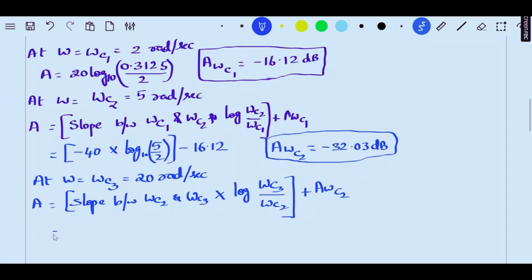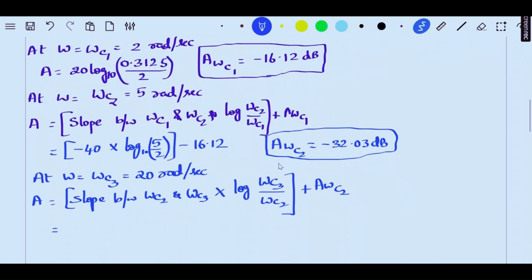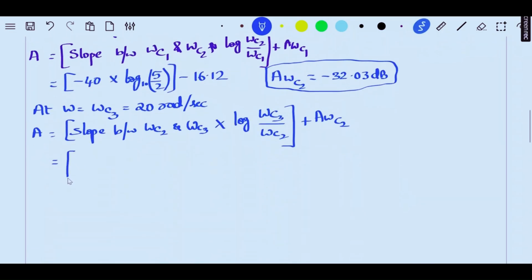Now let us see what the slope between omega C2 and C3 is. The next slope you have here is minus 20. So therefore it is minus 20 into log of 20 divided by 5, added with, as it is negative, so this gets subtracted with 32.03.